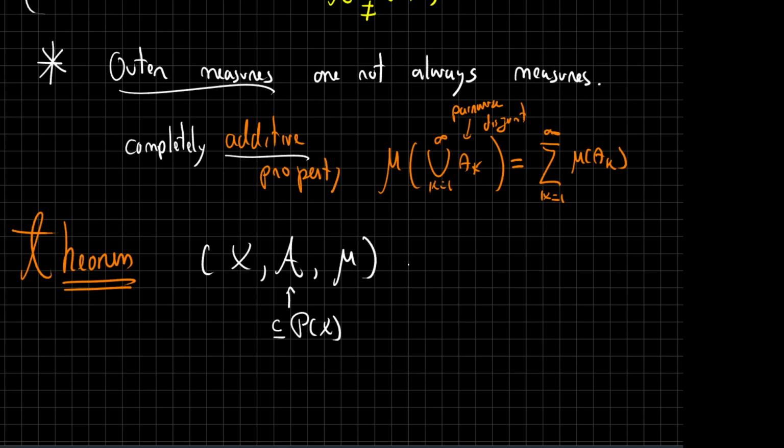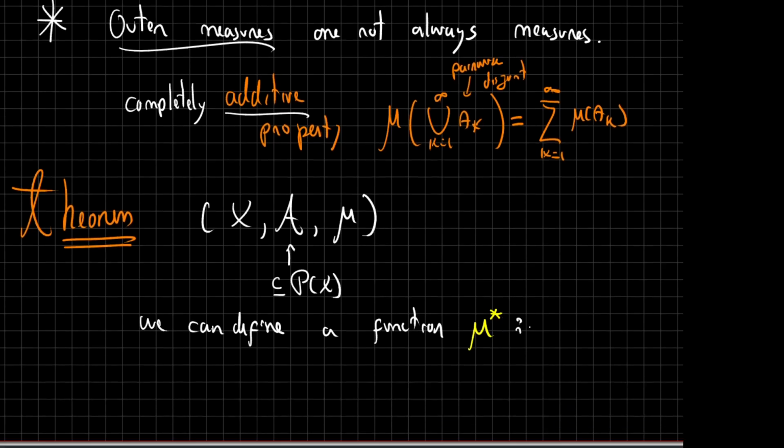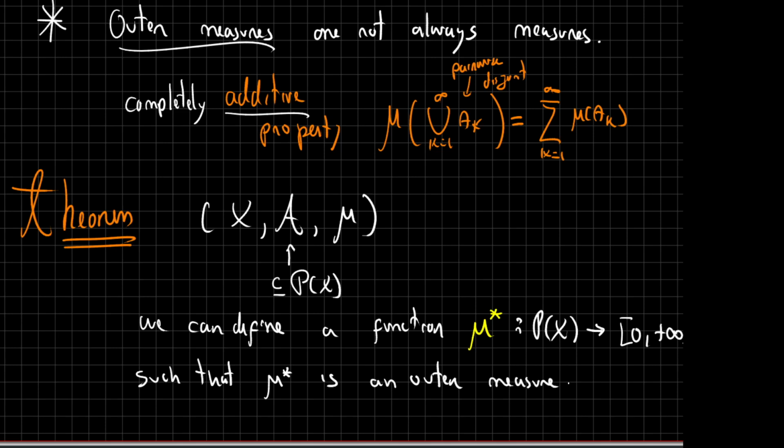This is our measure space, and we can define a function which we denote by mu star that goes from the power set into the extended interval, such that this function is an outer measure of X, of this space.